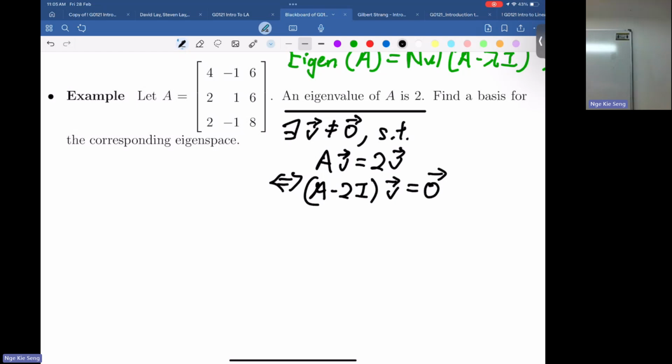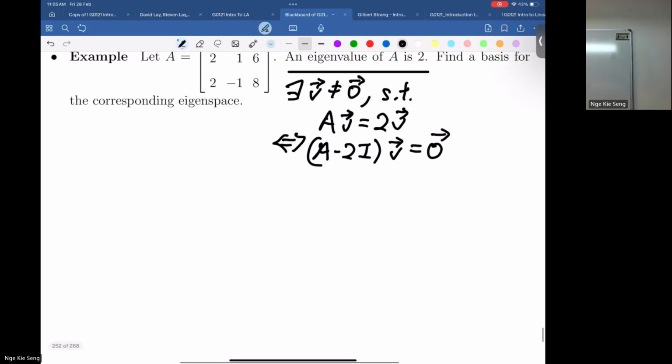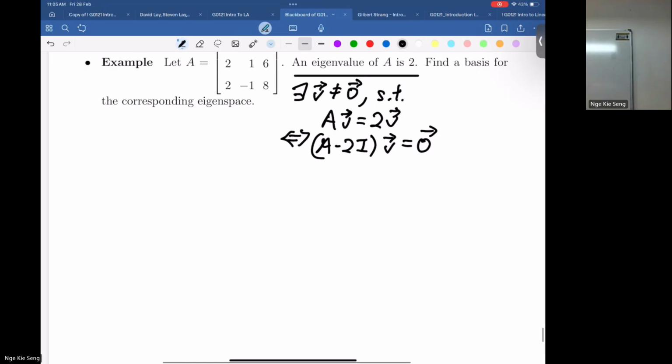Okay, so then you are asked to find a basis. Ask yourself, the minimum, write it as a span.